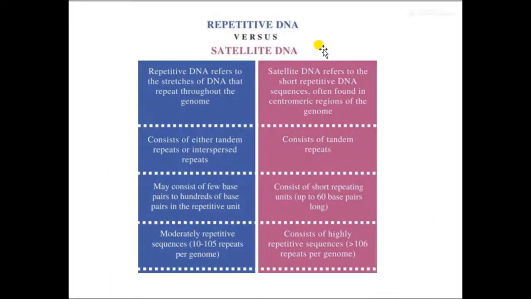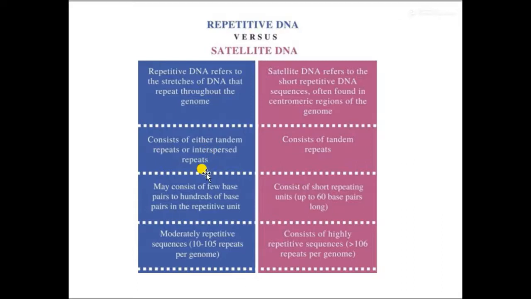Repetitive DNA mainly refers to stretches of DNA that repeat throughout the genome, whereas satellite DNA refers to short repetitive DNA sequences mainly found in the centromeric region of the genome. And repetitive DNA can be of two types, either tandem repeats or interspersed repeats.